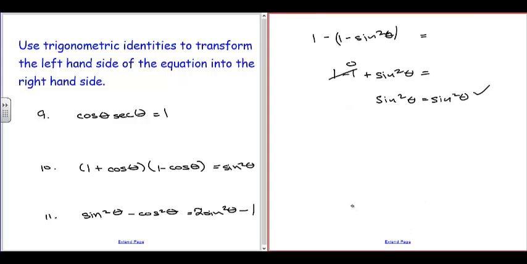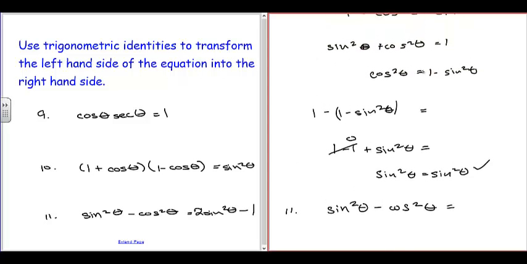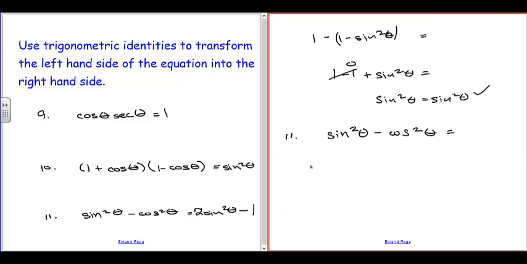Okay. And then number 11, again, we'll use the same substitution. So what I'm going to do is just manipulate the left-hand side. And for the cosine squared of theta, I can put in 1 minus sine squared theta. So I've already kind of derived that. So you have 1 minus, for cosine squared, 1 minus sine squared theta.